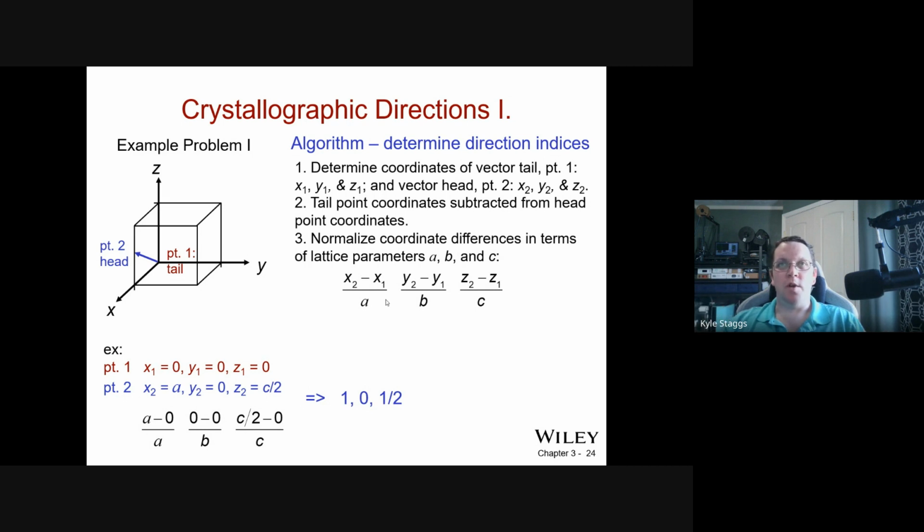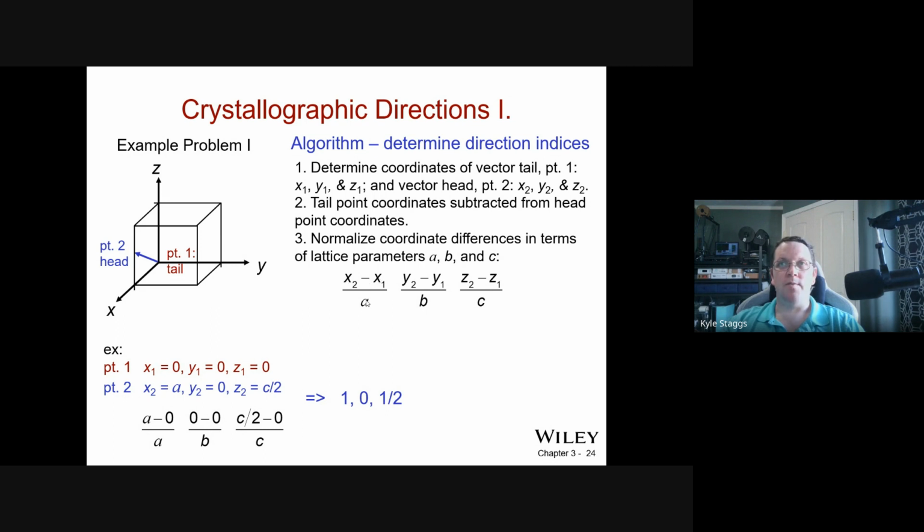And when you relax sometime after the fact, more of this will make more sense. But in the middle of it, a lot of this is kind of confusing. Just focus on understanding how to use the formula to find the difference for these crystallographic directions.